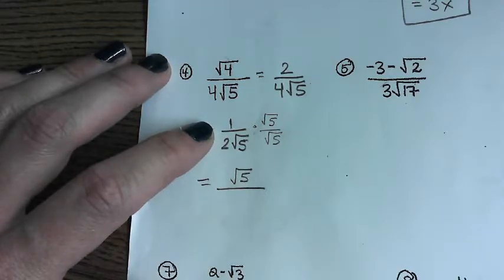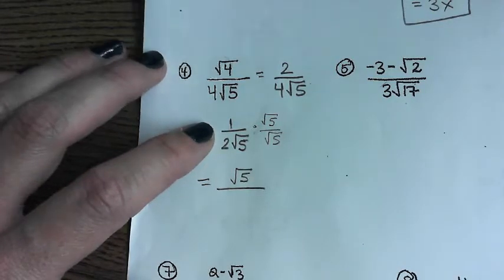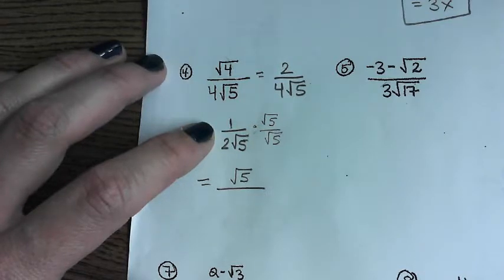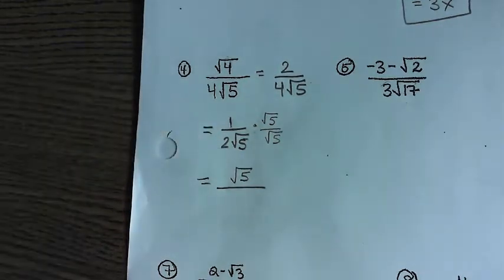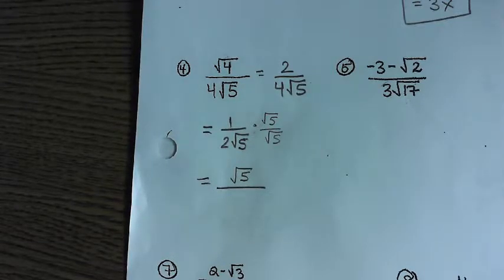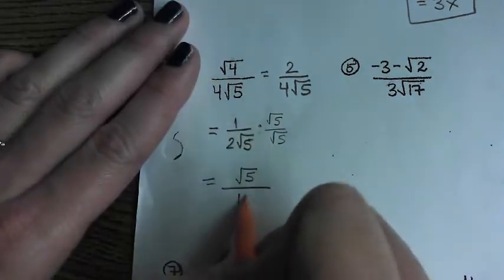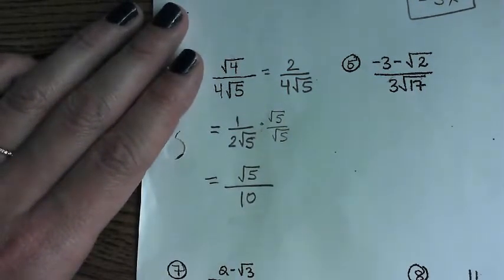What happened to your root 5 times root 5? It's just 5, very good. So the 2 is there, and root 5 times root 5 is just 5. So what's the 2 that was there times the 5 that just came up? 10. And that's your answer.